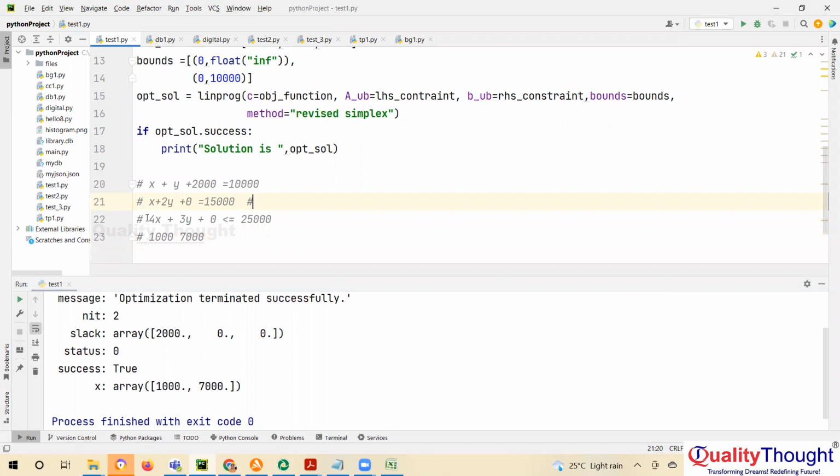Here 4 into 1000, 4,000 plus 21,000, 25,000. Exact. This is solved. Now if you go here, 1000 plus 7,000 is 8,000. So 2,000 is saved.